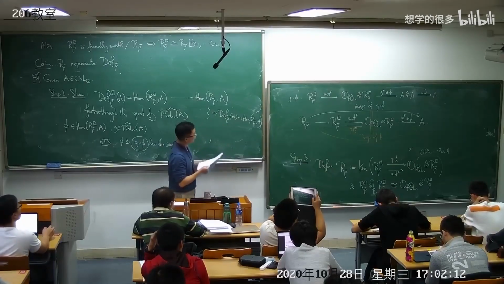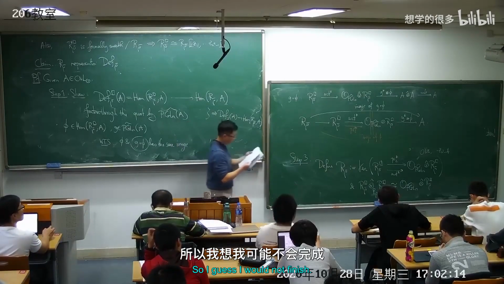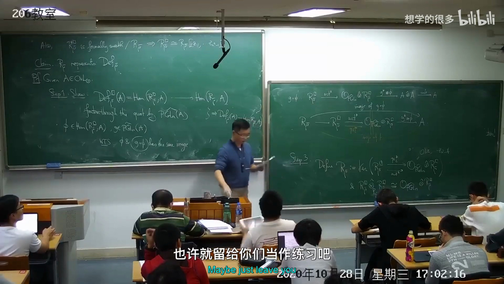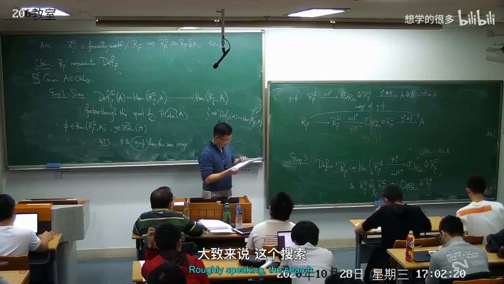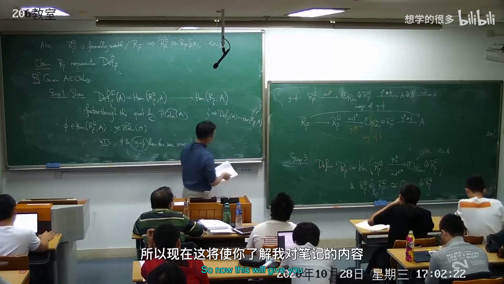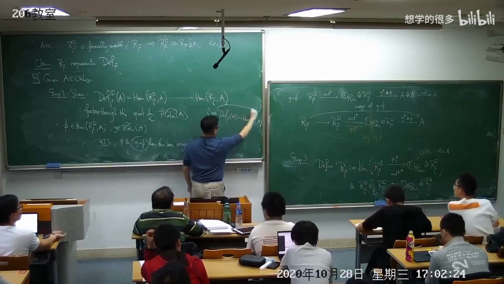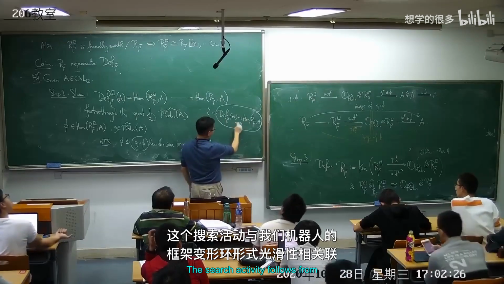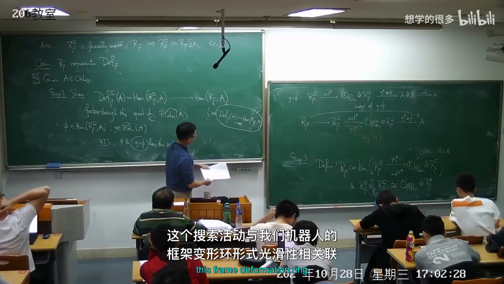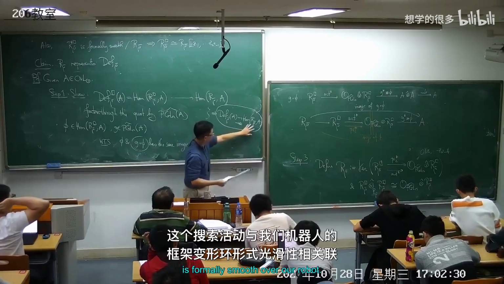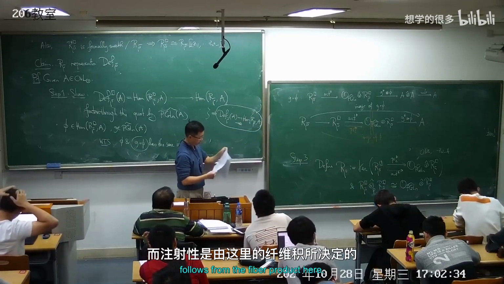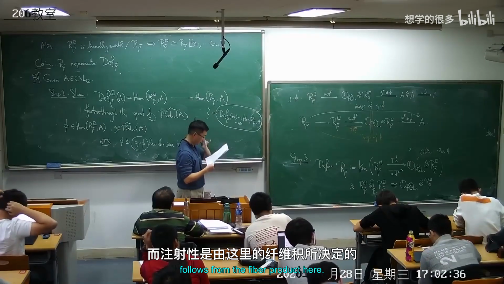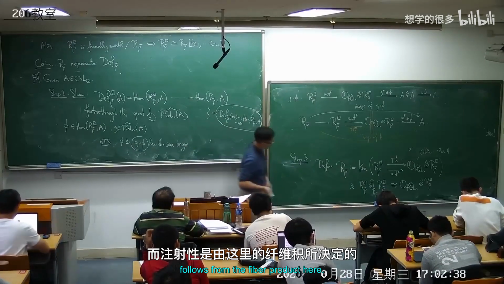Let's see. I guess I will not finish the proof, and maybe just leave it to you as an exercise to read from the notes. Roughly speaking, this will give you a map like so. The surjectivity follows from the fact that the framed deformation ring is formally smooth over R rho bar, and the injectivity follows from the fiber product property here.